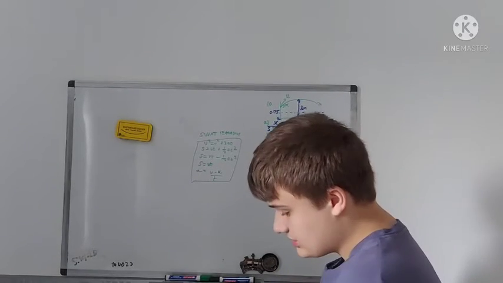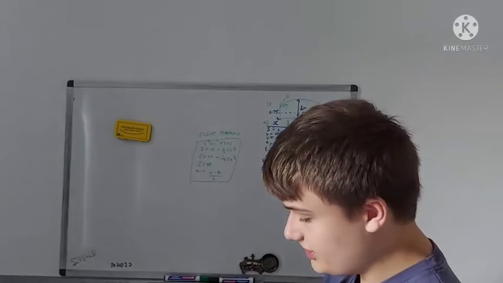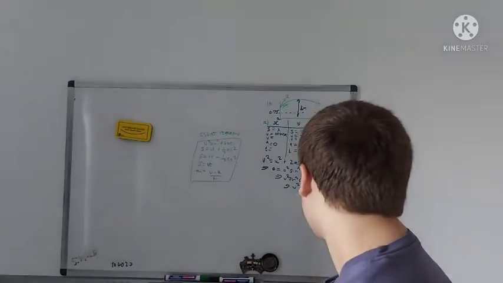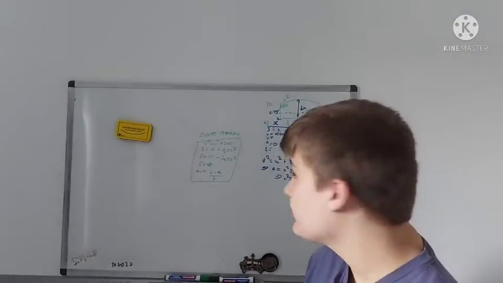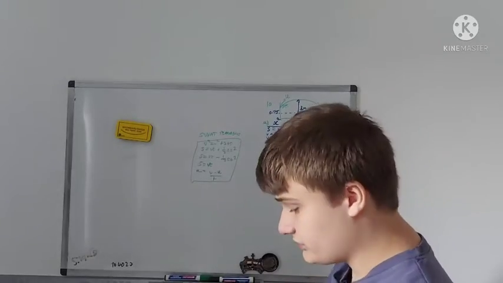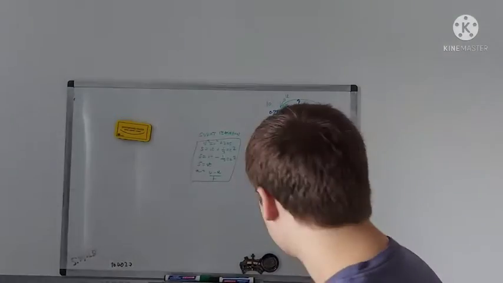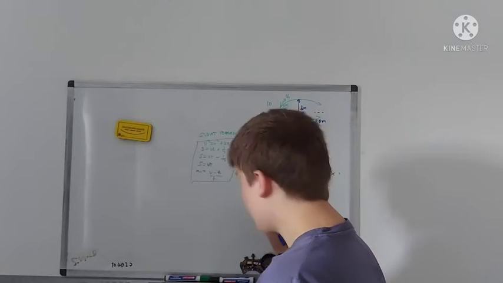Okay, and that is how we can leave that. You could square root, but I'm not going to. You could if you really wanted to find the value of u, but that's how I would leave it, because it'll be helpful for part B.